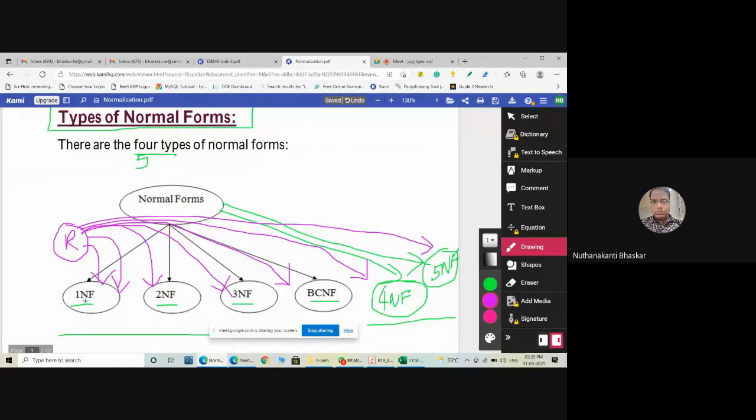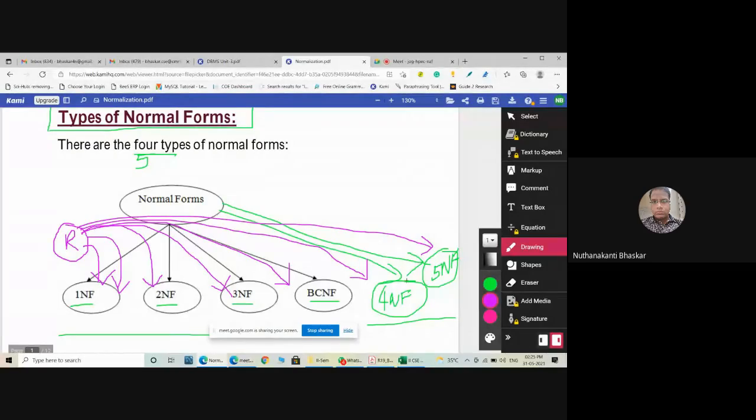If it is not, apply the first normal form rules. If it is already in first normal form, check whether it is in second normal form. If it is not, apply the second normal form rules. Later, apply the third normal form. Like that, you need to apply all normal forms step by step.